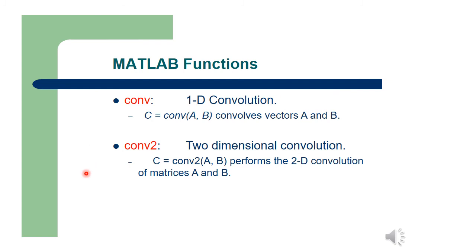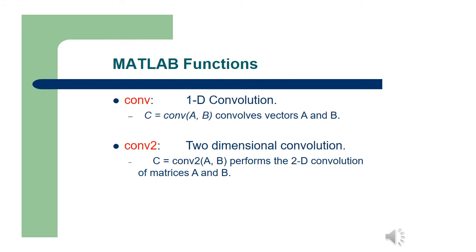Similarly, conv2 is two-dimensional convolution, which performs the 2D convolution on the two matrices A and B.